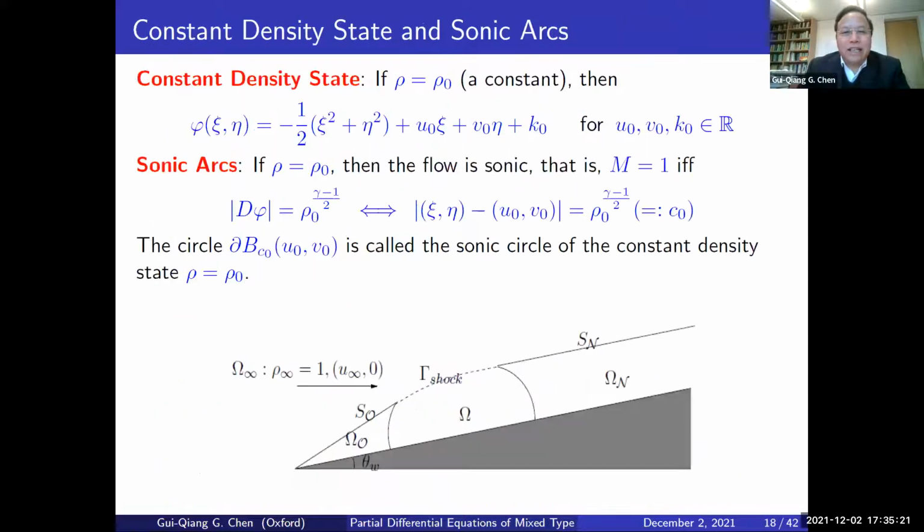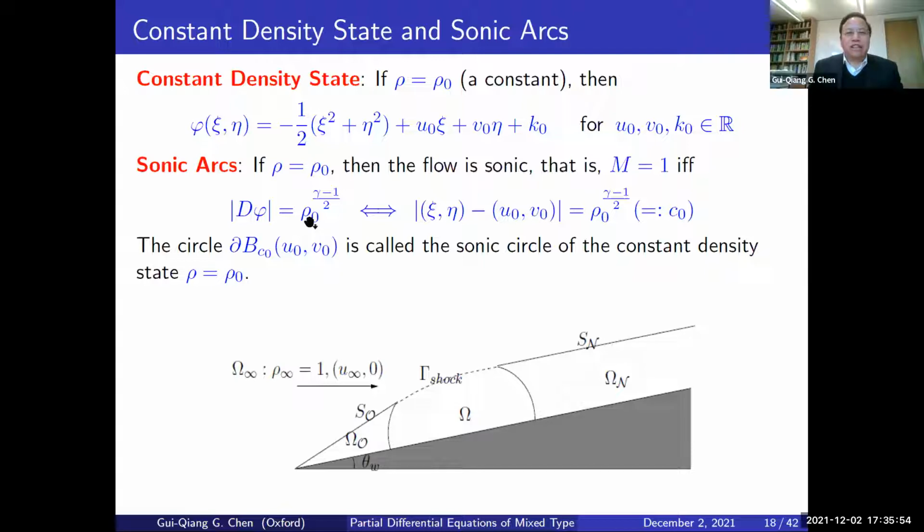Okay. Another thing about the constant state, the physical constant state. If you remember, I introduced the potential function shifted to quadratic form. So for the constant state, the solution phi is actually a quadratic form. Although this is a solution with constant density, it is actually a solution of a PDE of mixed type. There is a sonic circle.